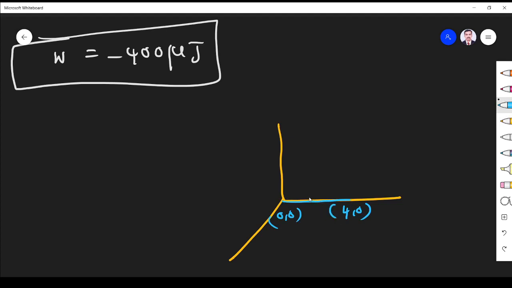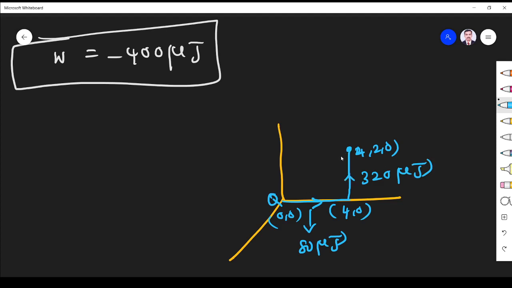We have done 80 microjoule, so 80 microjoule of work in this direction to move a charge from here. Then we moved from (4, 0, 0) to (4, 2, 0). Here we have done 320 microjoule. What we did is we moved against the field, right?